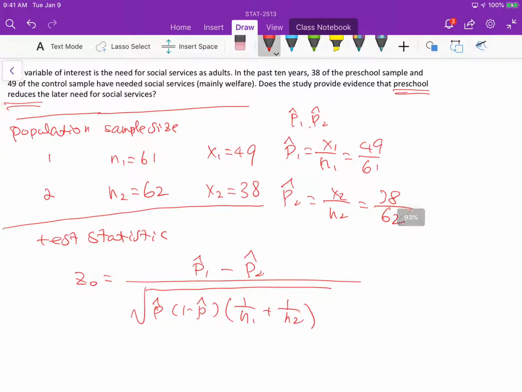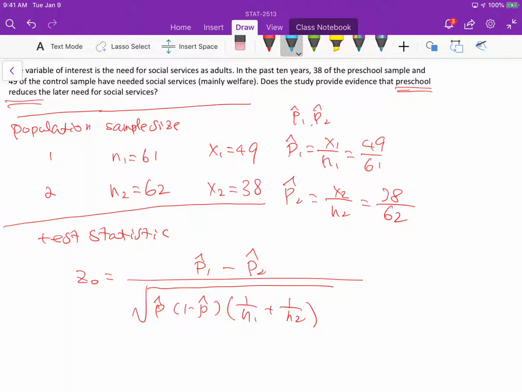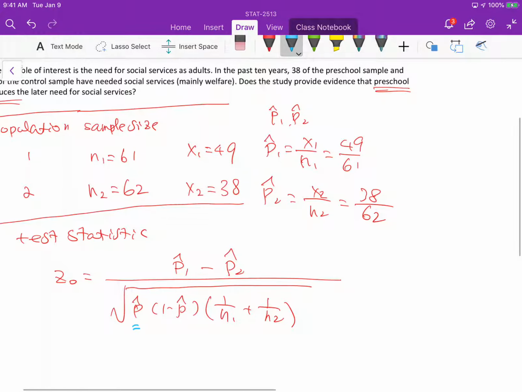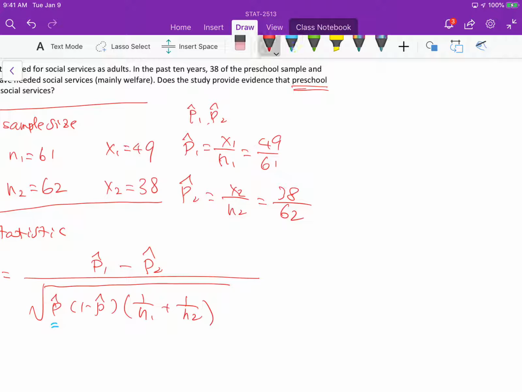And about this P hat, suppose we pool population 1 and 2 together, and the probability we get is called P hat. So P hat will be 49 plus 38, the total number of persons who need social services, right?